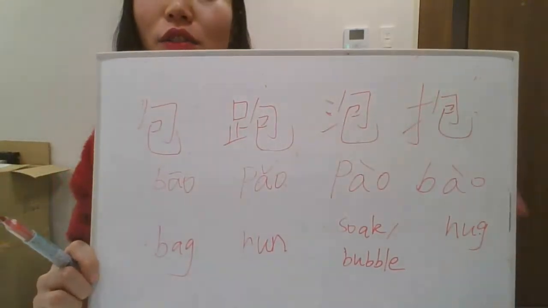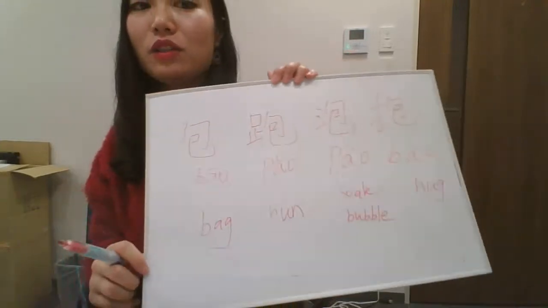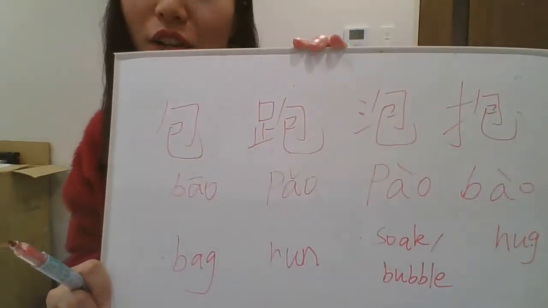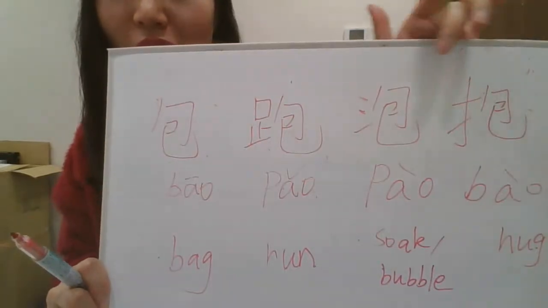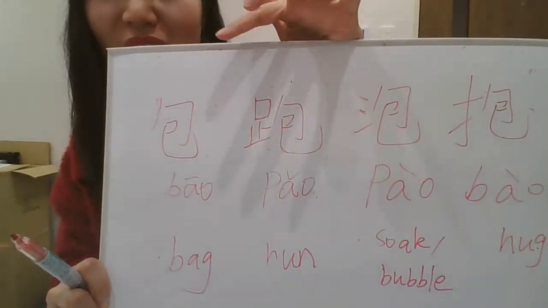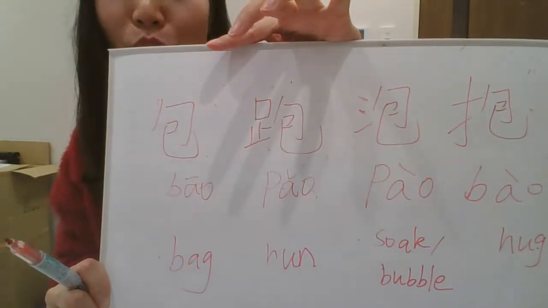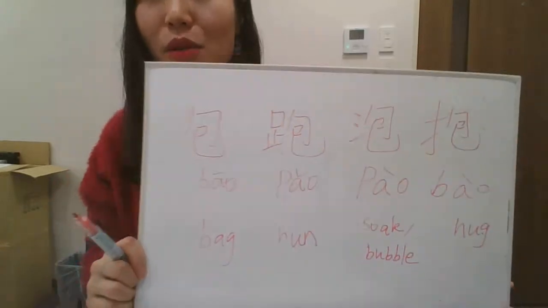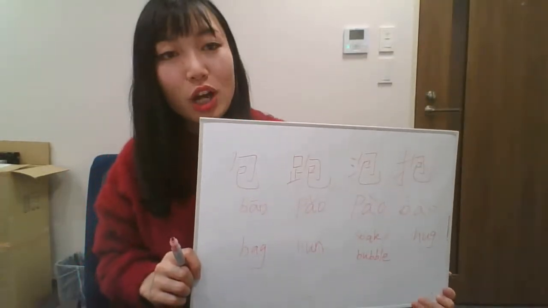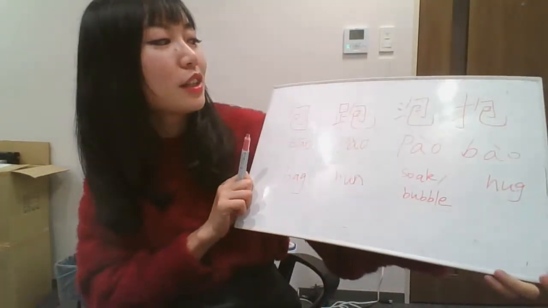Okay, so how can we remember Chinese? Actually, if you see the characters, they are similar, so basically the pronunciation is going to be similar. That's also a way I learned Japanese.